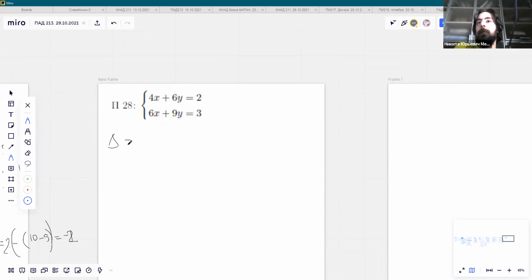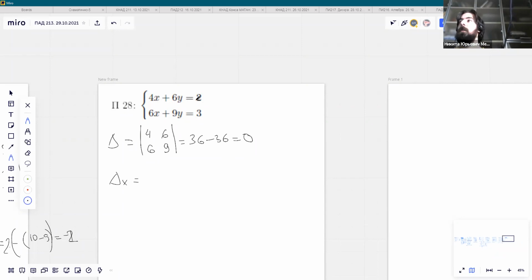So delta is 36 minus 36, that's 0. So as I said, Cramer's rule doesn't work here. Still, let me compute delta x and delta y. For small systems, we sometimes call the variables not x1, x2, etc., but x, y or x, y, z.